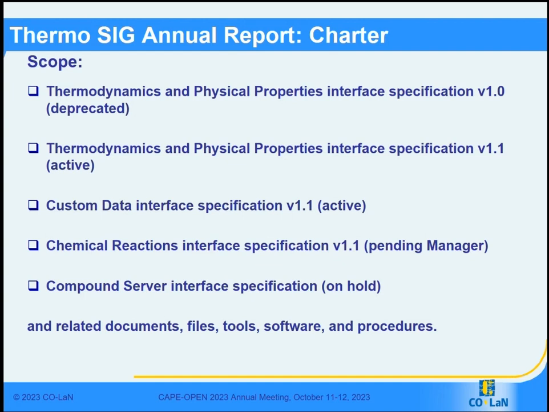First, the physical property interface version 1.0. It was deprecated several years ago, but is still in use in some applications. The second one is the physical property interface specification version 1.1. This is our main working document, which we are trying to steadily improve.